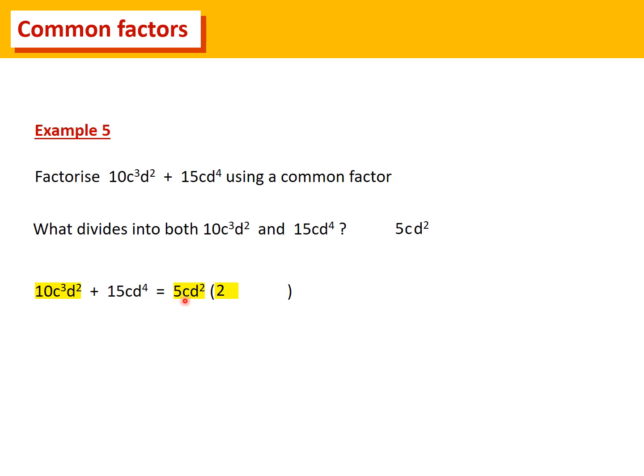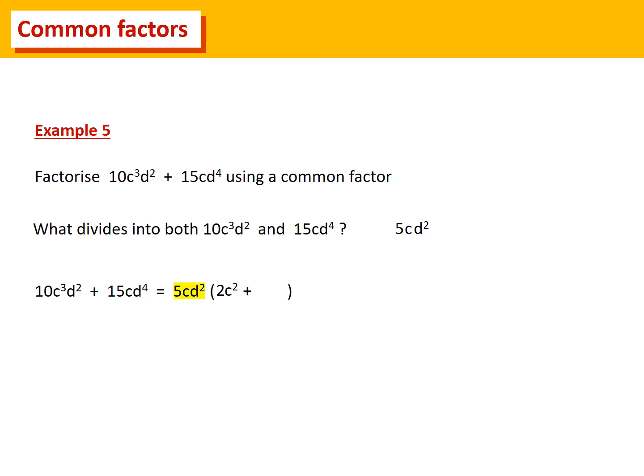But also c times something has to give me c cubed. So I need c squared. Now d squared and d squared, that d squared there is already covered by the d squared here. So I don't need a d term in the bracket. Now look at the sign. It's a plus in the expression, so it's going to be a plus in the bracket.